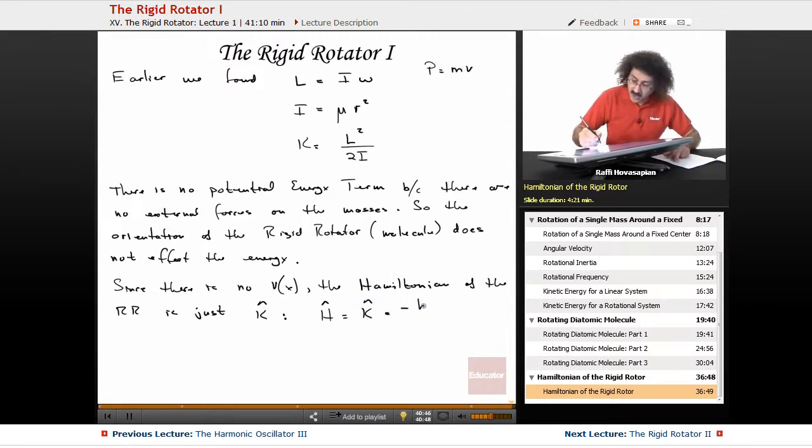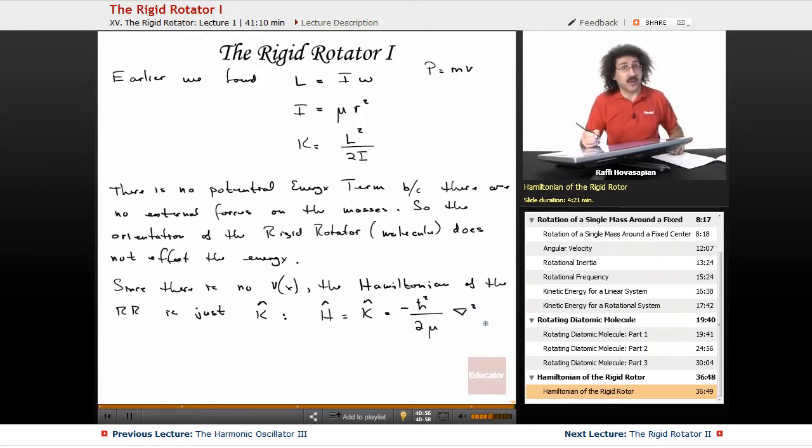The kinetic energy operator, which is going to equal, remember, minus h bar over 2m, but now it's twice the reduced mass, and then, of course, delta squared.